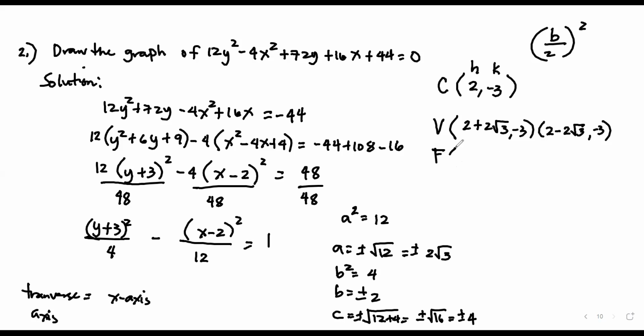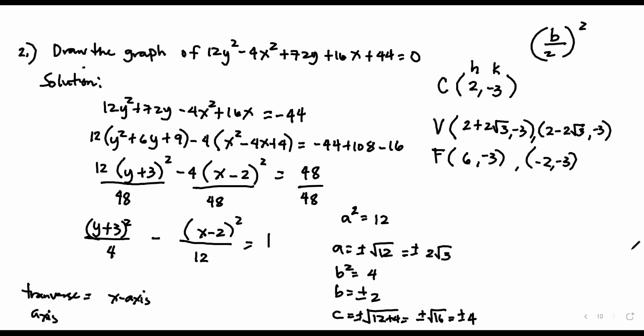For the foci, we follow the same, but with c: 2 plus 4, 6, negative 3, and 2 minus 4, negative 2, negative 3.